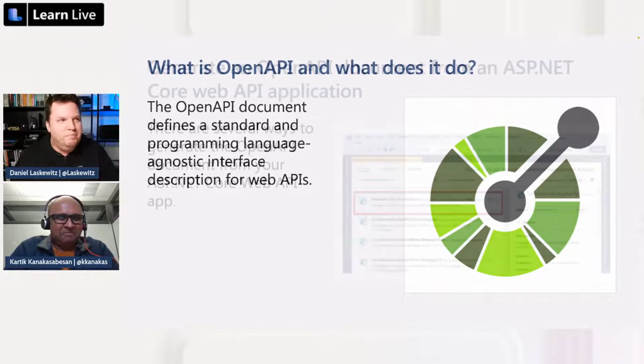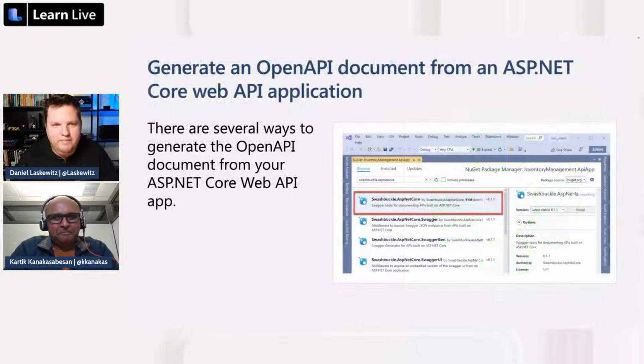So yeah, let's move on to a little bit more about Swashbuckle, because when you are in Visual Studio and you have a web API project, you can of course add the Swashbuckle NuGet package really easily to your project, and then from there on you can use that within your project.